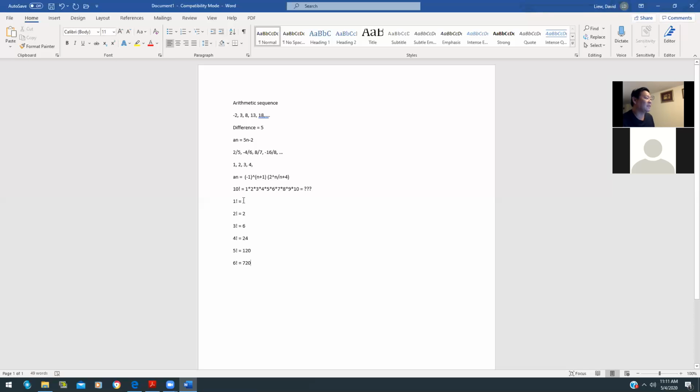So if you have a sequence that looks like 1, 2, 6, 24, 120, 720, this is what we call n factorial. So for example, if I want you to write a sequence that looks something like this: 1 over, let's say, 4.